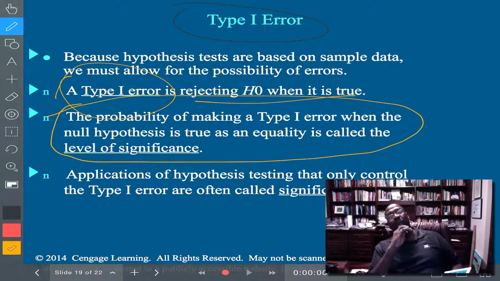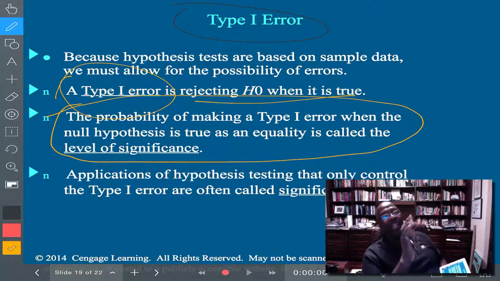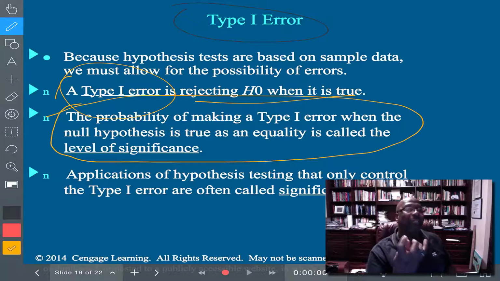So that is where we get into this whole idea that I tried to introduce to you some time back about something being significant. The level of significance is the probability of observing the sample data if indeed the population parameter that we assume is true.